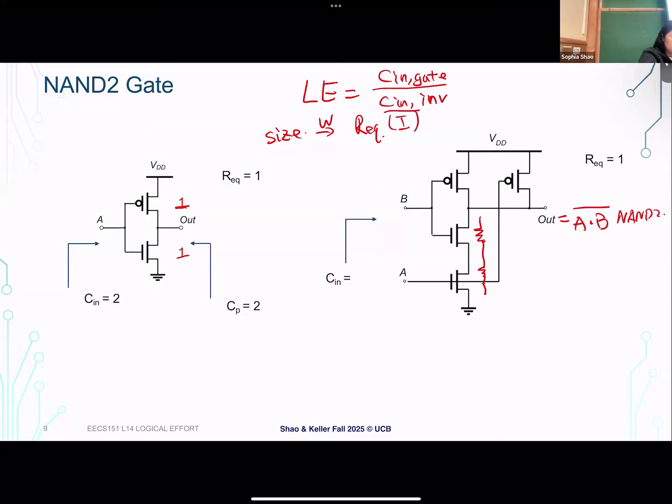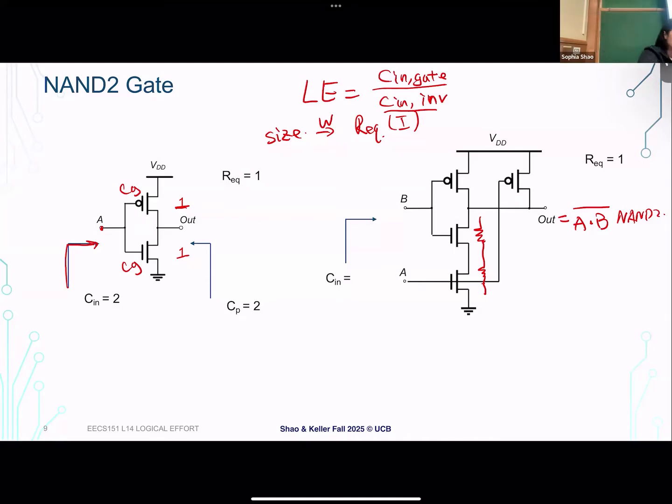So let's first look at the input capacitance of my inverter. Now we only have a single input, which is A. This input is connected to two gate capacitors, one for the NMOS gate and one for the PMOS gate.